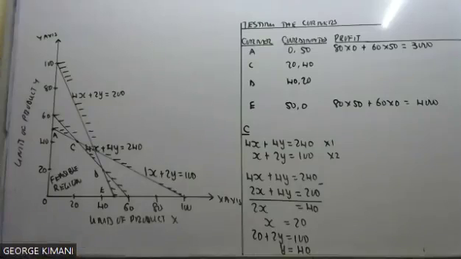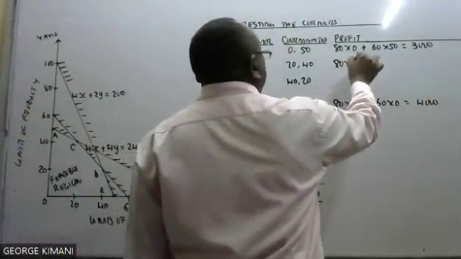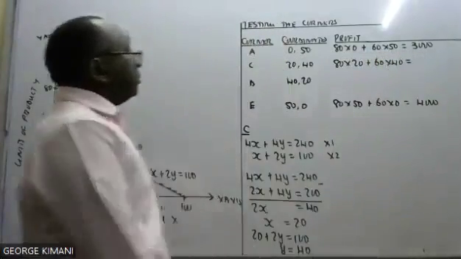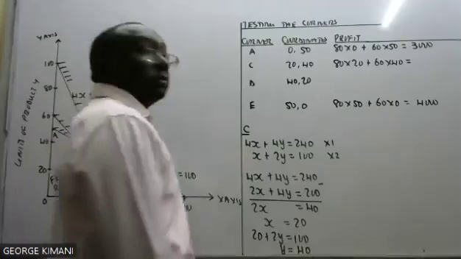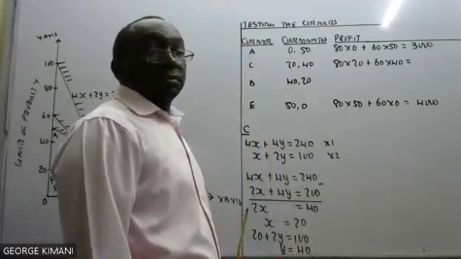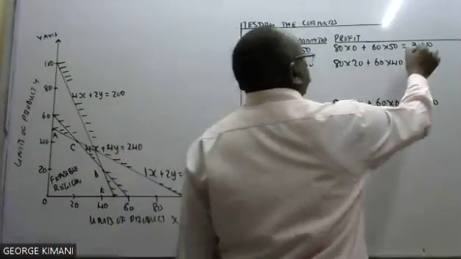Do you need to solve D, or did we say it is visible? It is fine, okay. So then here we say 80 times 20 plus 60 times 40, that is 4,000.